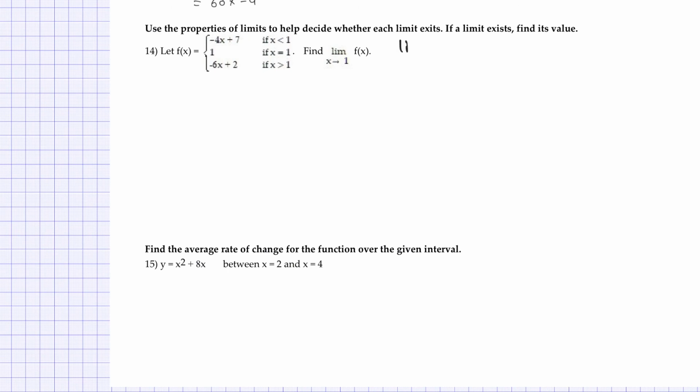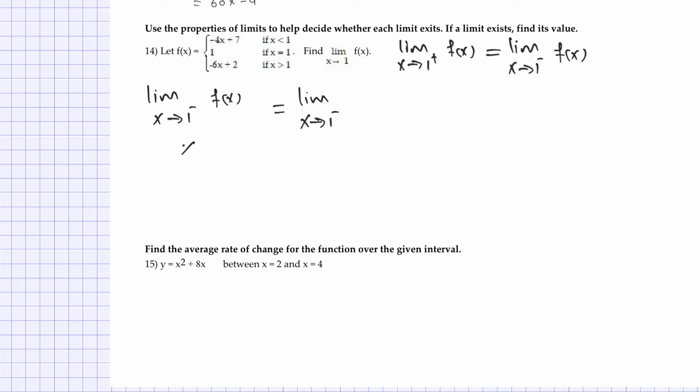Find the limit of the given piecewise function if the limit exists. Find the limit of the function f of x as x goes to 1. We want to show both the left and right hand limits exist and are equal. Start with finding the limit of the function as x approaches 1 from the negative side, from the left side, meaning x values less than 1.